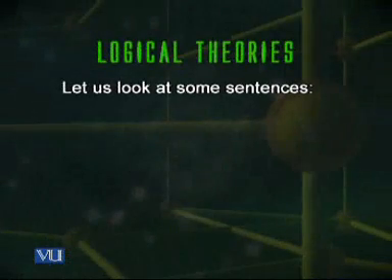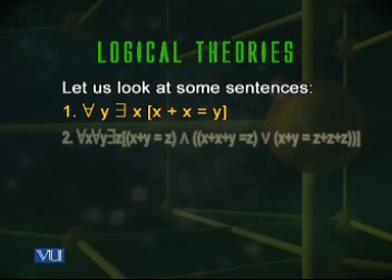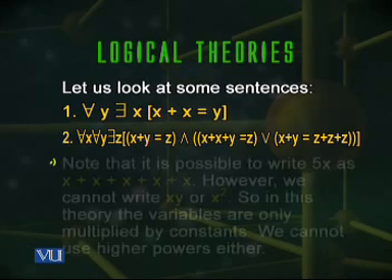Let's look at some sentences in this arithmetic. For all y, there exists an x such that x plus x equals y. This is a sentence in Presburger arithmetic. Another sentence is, for all x, for all y, there exists a z such that x plus y equals z and x plus y equals z, or x plus y equals z plus z plus z.